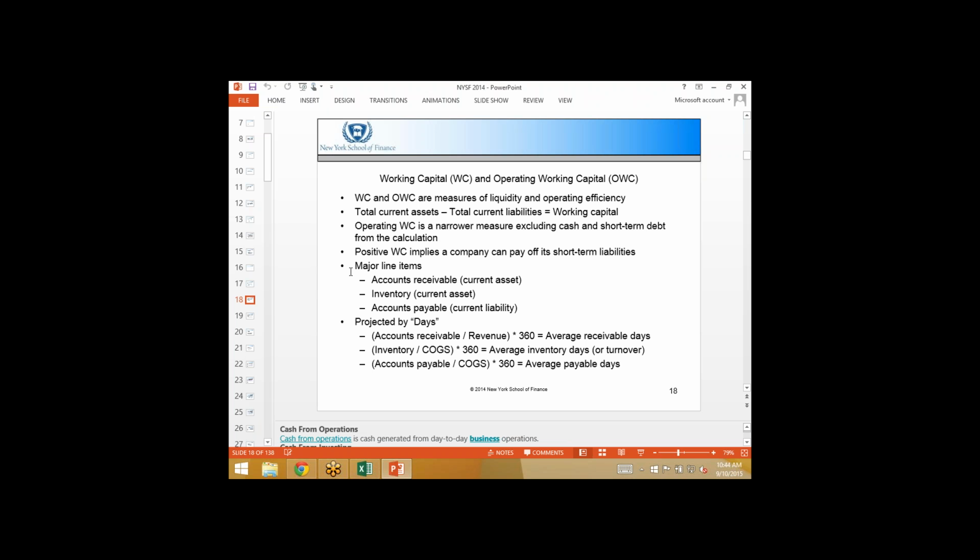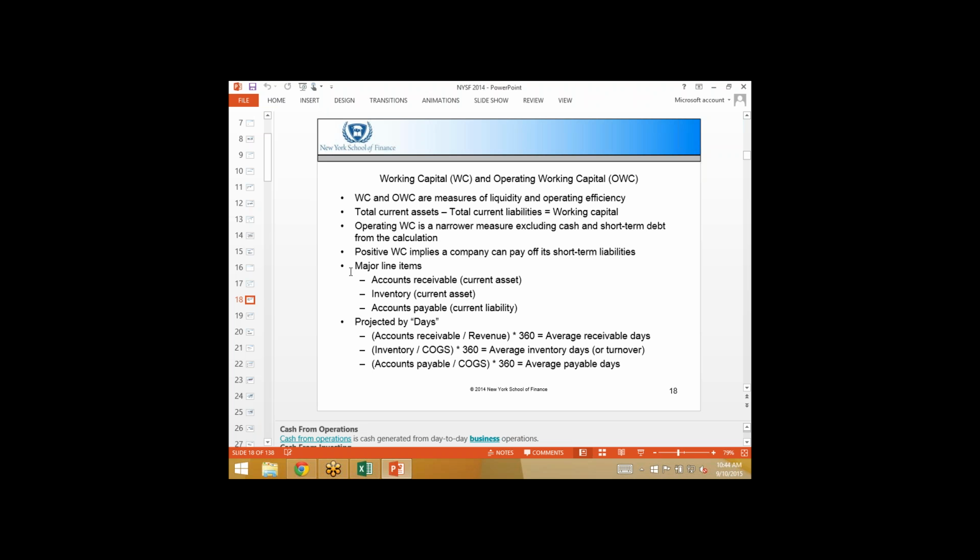A current liability is a debt or obligation whose obligation is to come due within one year. So, examples of current assets and current liabilities are what we've been talking about throughout. Cash is a current asset. Accounts receivable is a current asset.